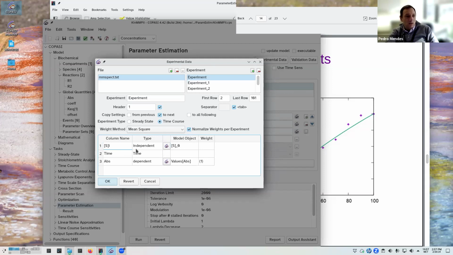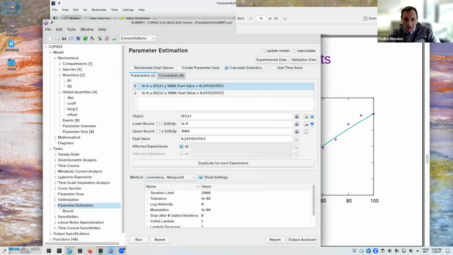Why is it independent? It's the initial concentration. It is a given. It's something that you or your experimental colleague made in a solution to start the reaction. They actually made substrate at 10 millimolar. And then in another test tube, they made an initial substrate concentration of 5 millimolar. So we know it's 5 and 10 millimolar from the experiment.